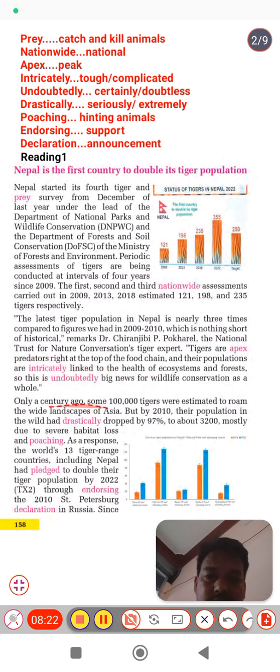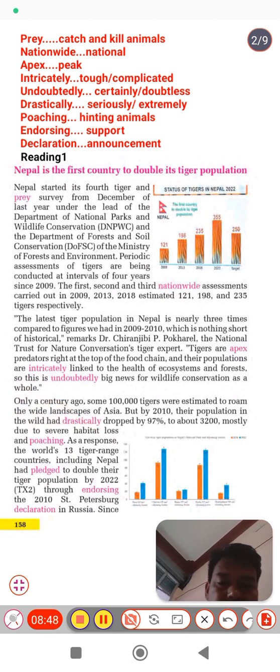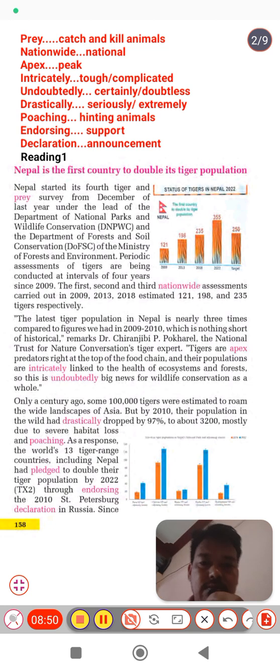Only a century ago, some 10,000, yeah, not 10,000, it is 1 lakh tigers were estimated to roam the wide landscape of Asia, but by 2010, their population in the wild has drastically dropped by 97% to about 3,200, mostly due to habitat loss and poaching.